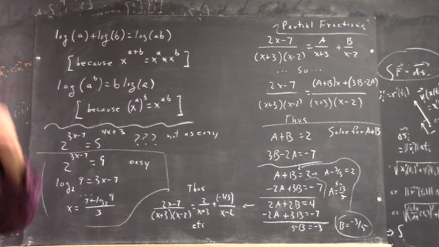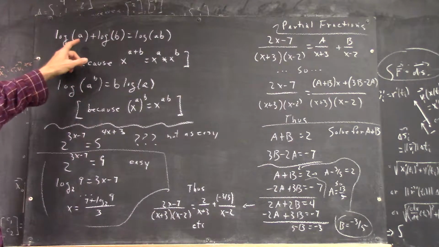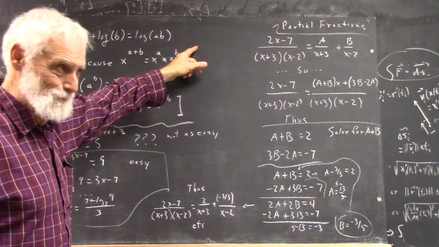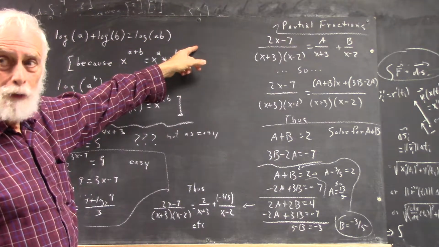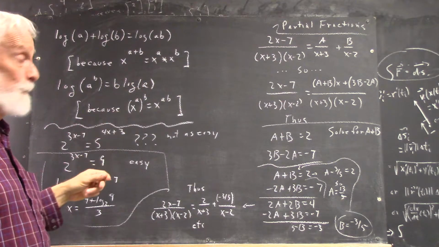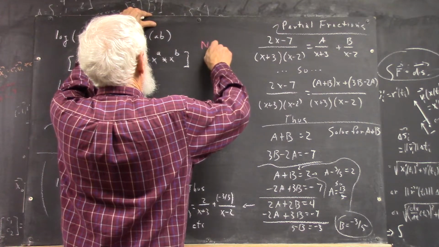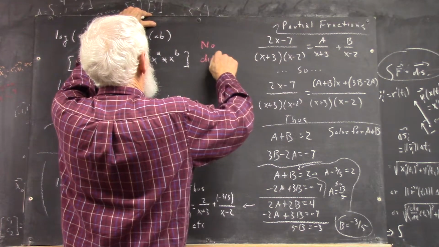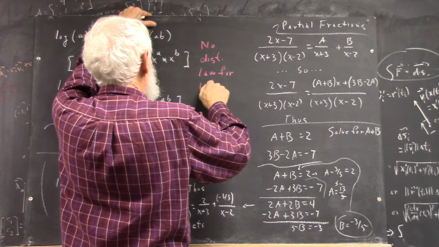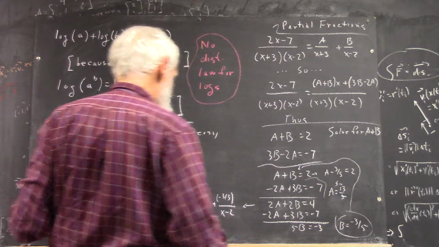Because you're going to have a tendency to write log of A plus log of B equals log of A plus B, because it looks like a distributive law. It's not; there's no distributive law. So let me make a big red note here: no distributive law for logs.